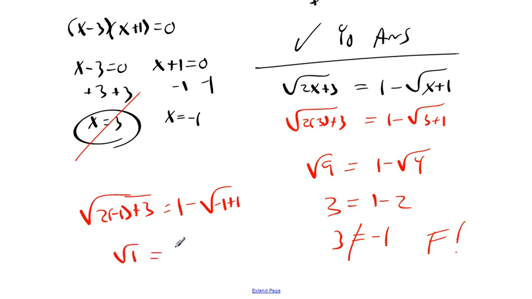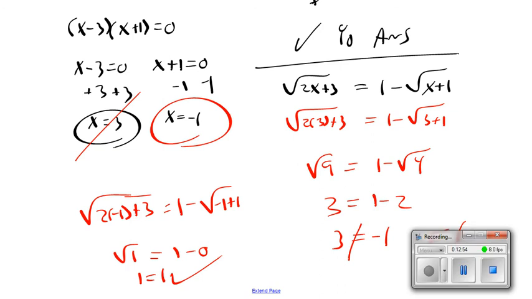Negative 1 plus 1 is 0. So 1 minus 0, because the square root of 0 is just 0. So the square root of 1 is 1, equals 1. And there it is. So we can now say that 3 is not an answer and negative 1 is an answer. Alrighty.